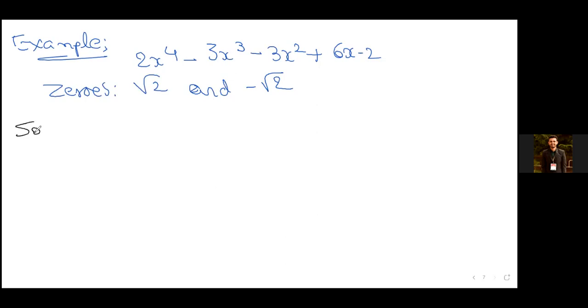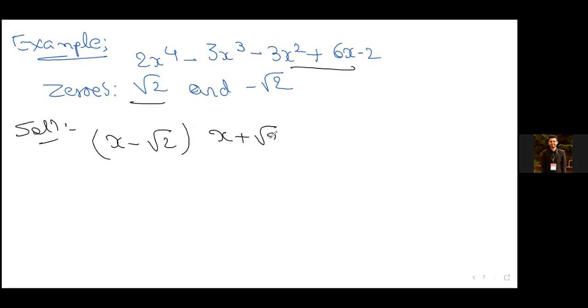What we can do is, here they have given only the polynomial, not the divisor. We need a divisor. To find the divisor, since these two zeros are given, we can write this as x minus square root of 2 into x plus square root of 2. Since these two are the zeros, these are equal to x, right?